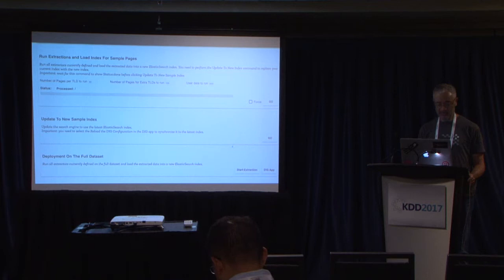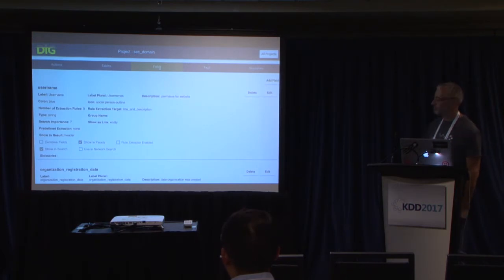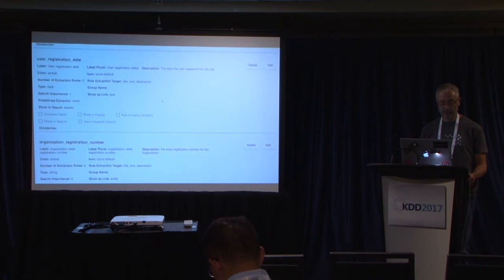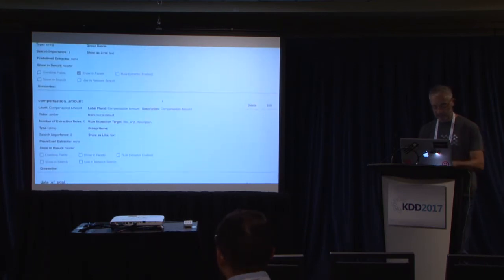Anyway, okay, so here's where I control things. Here's where I define the ontology. So these are the fields that they defined. These are the ones I listed before. Let me just pick one, stock ticker.